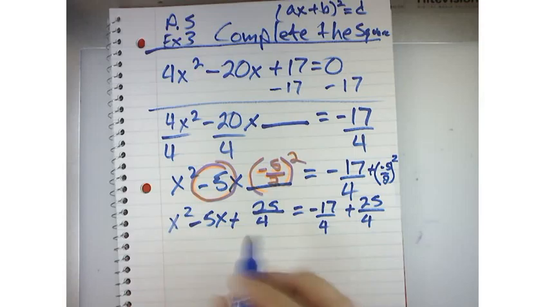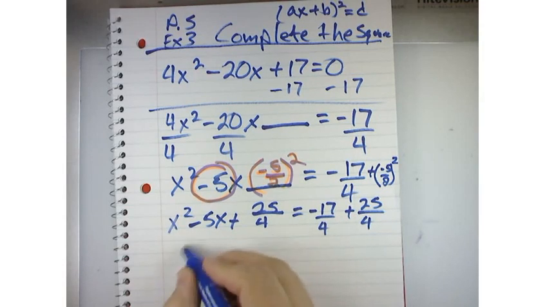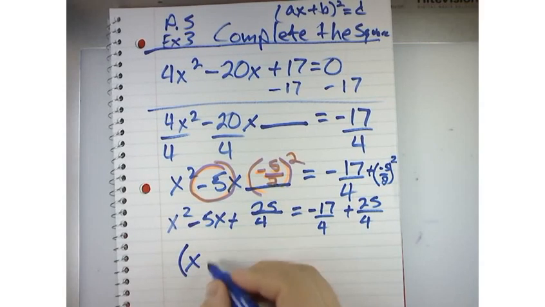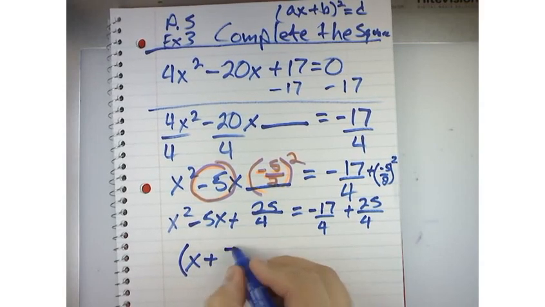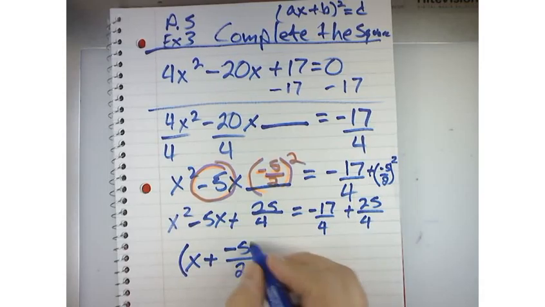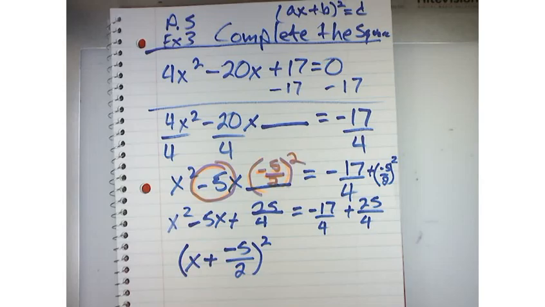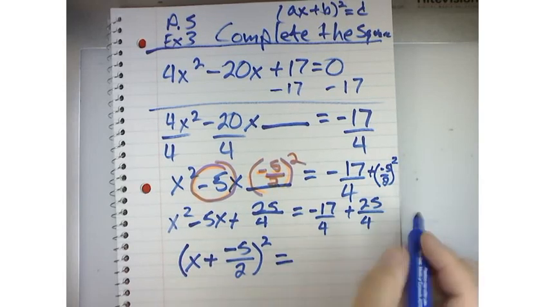So now, on this side, and you could do the math if you want to, that gives me x plus negative 5 over 2, that quantity squared. You could just put minus; you don't have to do the plus negative. It is equal to whatever is left over.